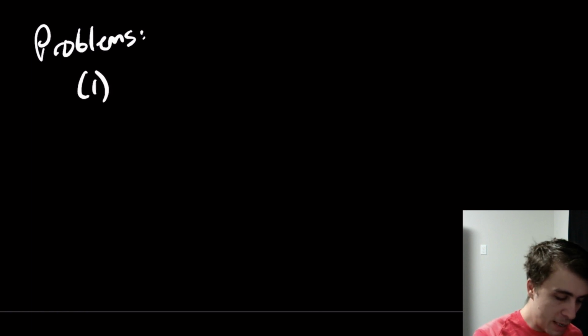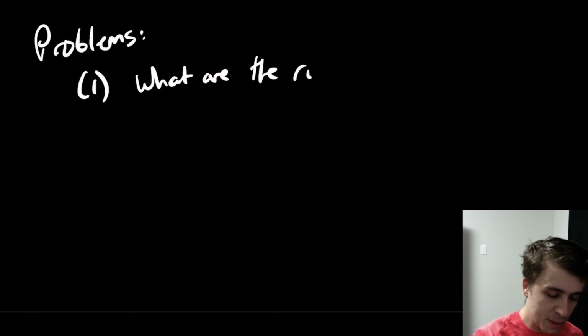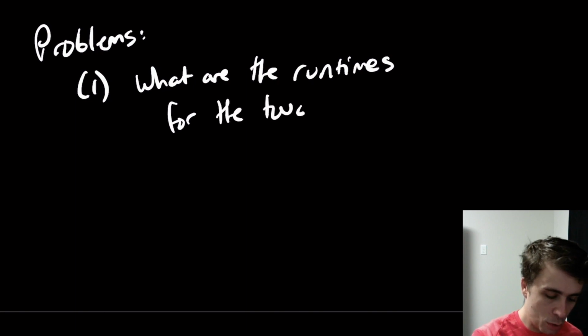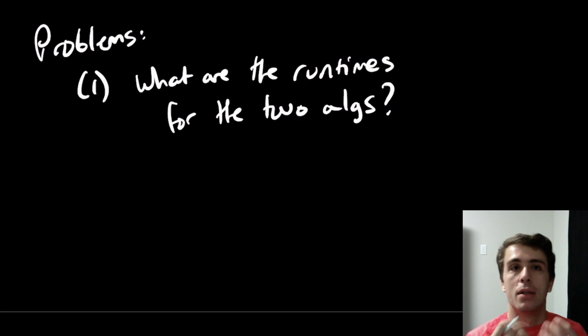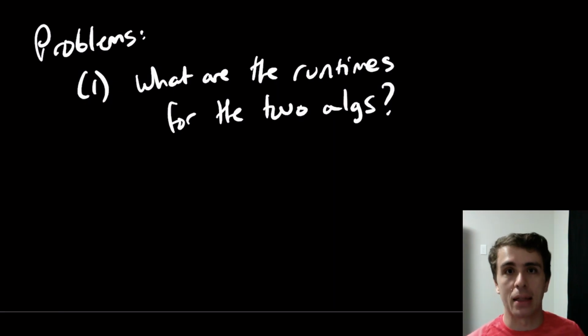So the first one is, what are the runtimes for the two algorithms that we just did? The one about the naive Fibonacci number calculation versus the smart one where we store the previous calculations in the table.